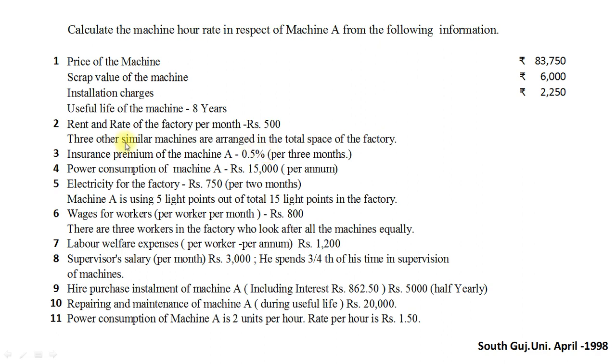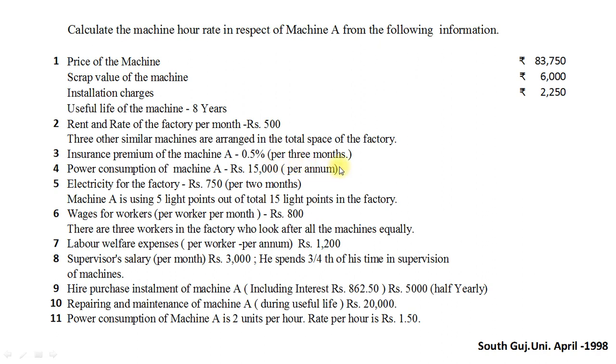Here you please understand, three other similar machines means there are in total 4 machines in the factory: one machine A and other 3 machines. So rent and rates for machine A would be annual factory rent rupees 6,000 divided by 4 machines, equal to rupees 1,500.